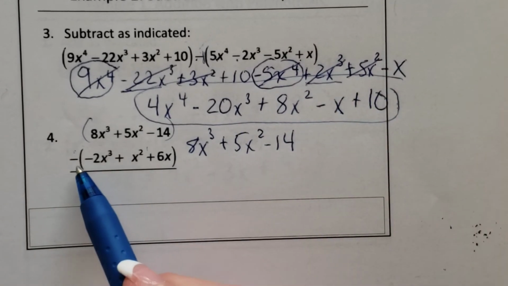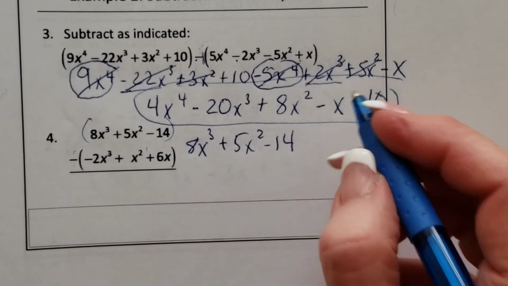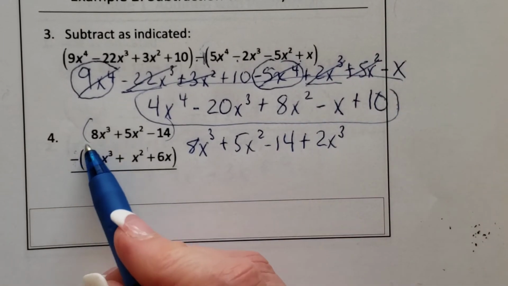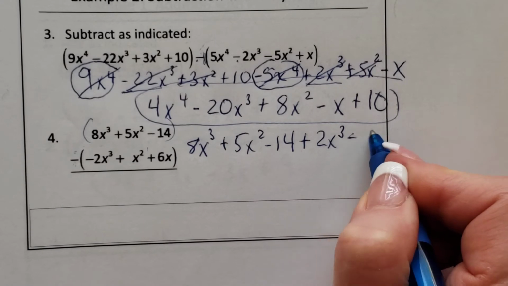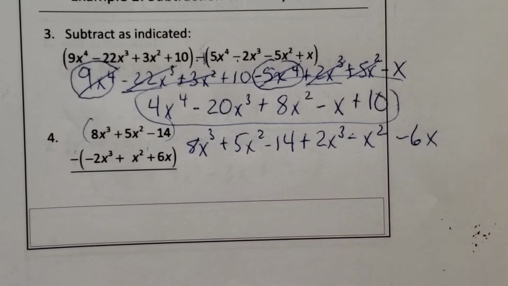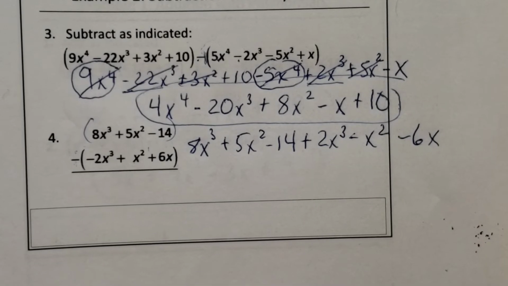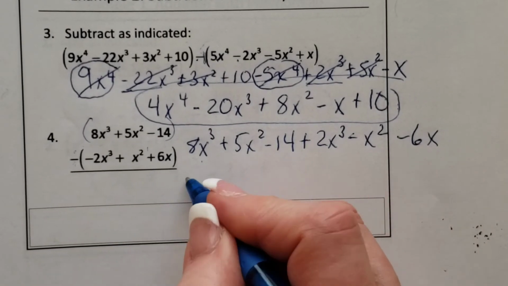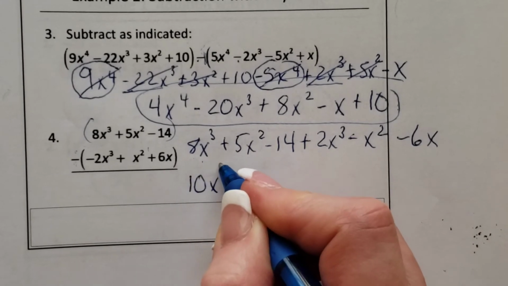And now I'm going to say the opposite of negative 2x to the third is plus 2x to the third, minus x squared, minus 6x. All right, those parentheses are gone. I'm combining like terms. So 8x to the third plus 2x to the third is 10x to the third.